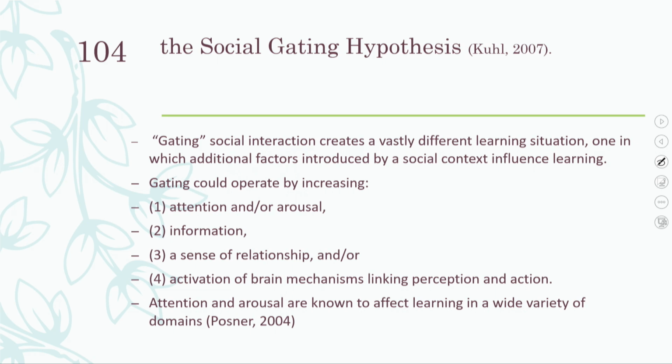Basically, she is saying that there are various other things in the environment that help children learn language. There are other functions which are part of this. One is attention and arousal. We have looked at attention and arousal when we discussed Luria's theories of language. Then information, a sense of relationship, and activation of brain mechanisms linking perception and action.